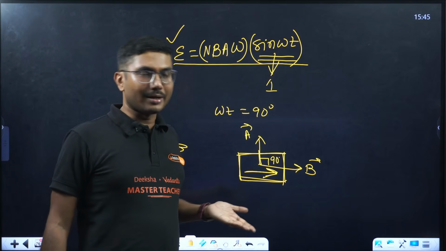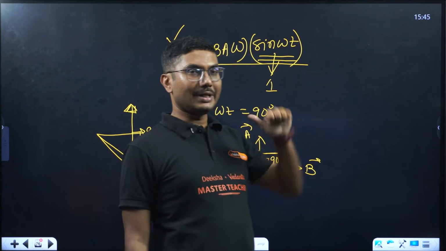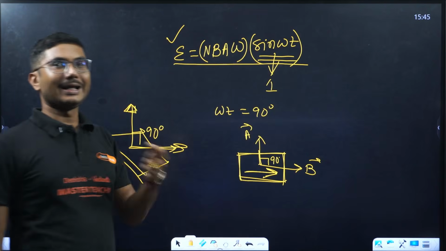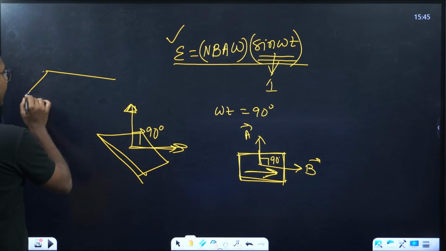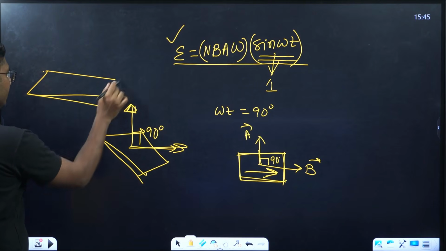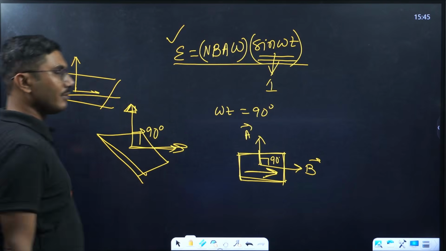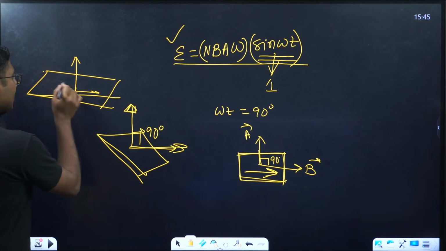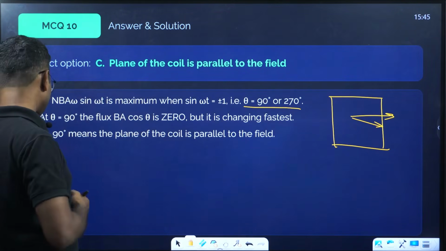The plane is parallel to the magnetic field, but when it is, the area vector, which is normal to the plane, makes an angle of 90 degrees with the field. The area vector always makes 90 degrees with the plane. So if both of them are perpendicular, the magnetic field is definitely parallel to the plane. That is what is slightly confusing.